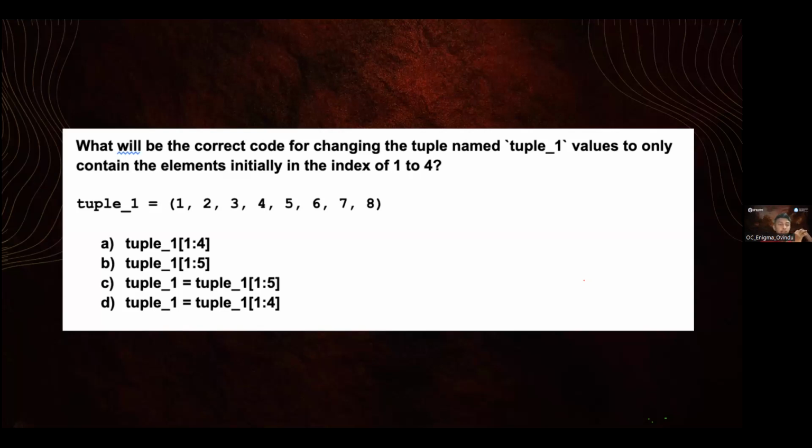So the solutions remaining are C and D. You want to get the elements between index 1 and 4. And as I mentioned, when accessing an element, while you can mention the starting index as it is, the ending index should be one more than the index that you need. So when you need the elements from 1 to 4, you would specify 1 to 5. And therefore, the correct answer here is C.